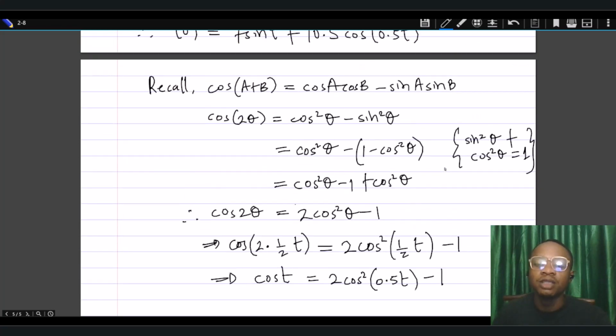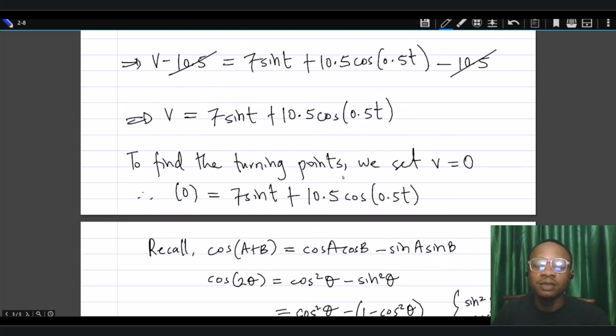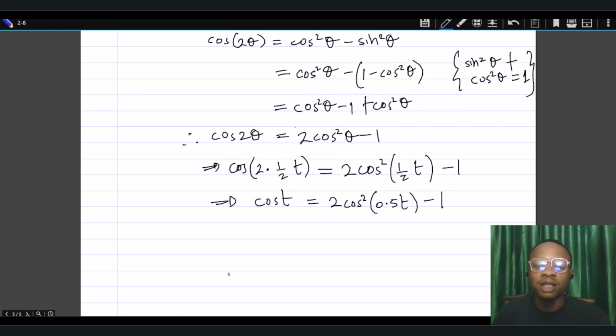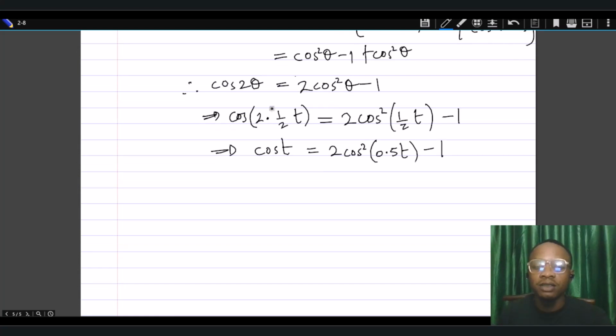So we want to replace this expression here that has cos 0.5t by cos t. So we can just make it the subject from here. When we bring this to the other side, 1 plus cos t is equal to 2 cos squared 0.5t.